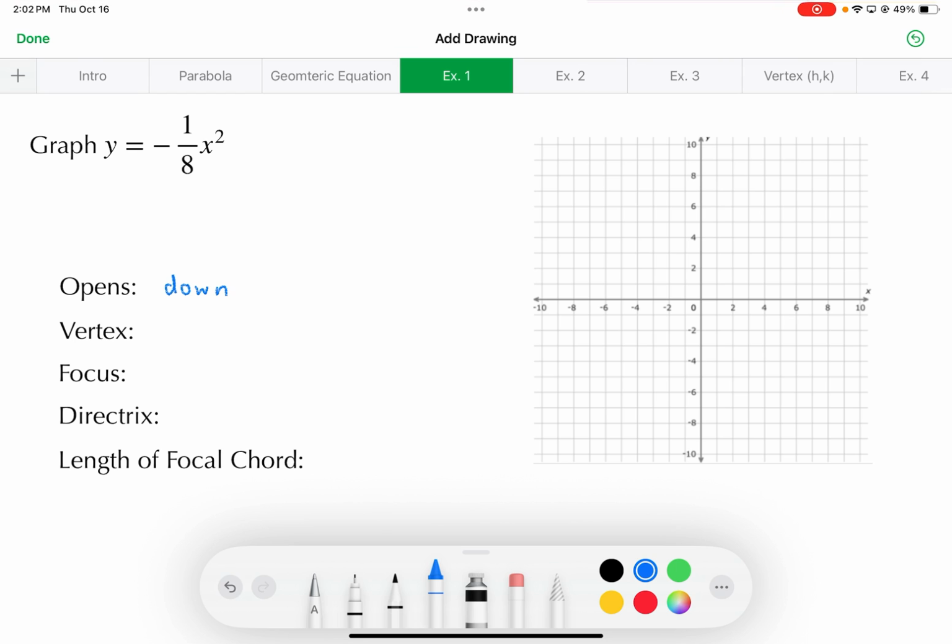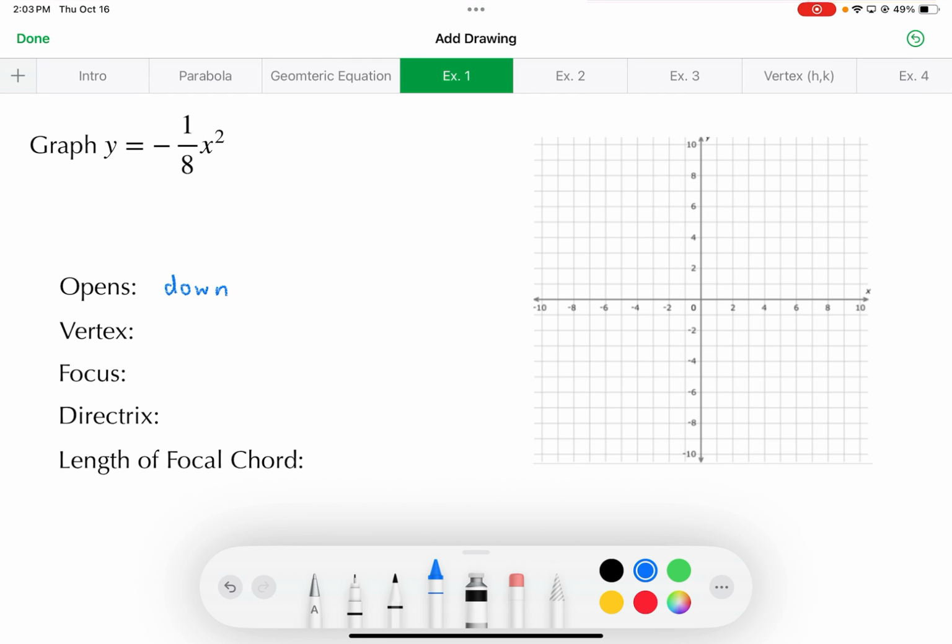That's one thing to focus on. So why not left? Because x is being squared. X is being squared, yes. So there's two things that are telling me it's opening down: a negative coefficient and the x variable is being squared, okay?